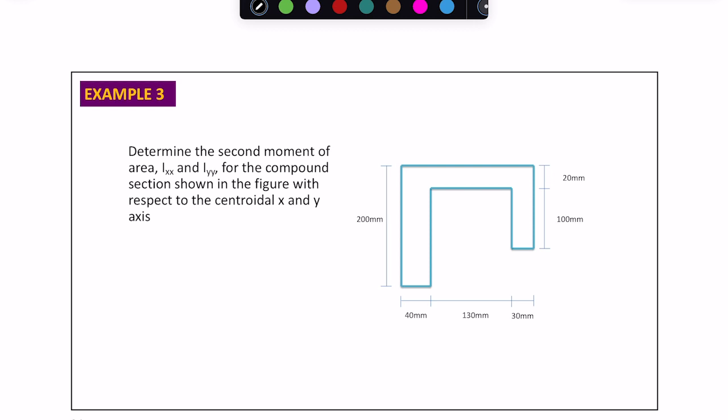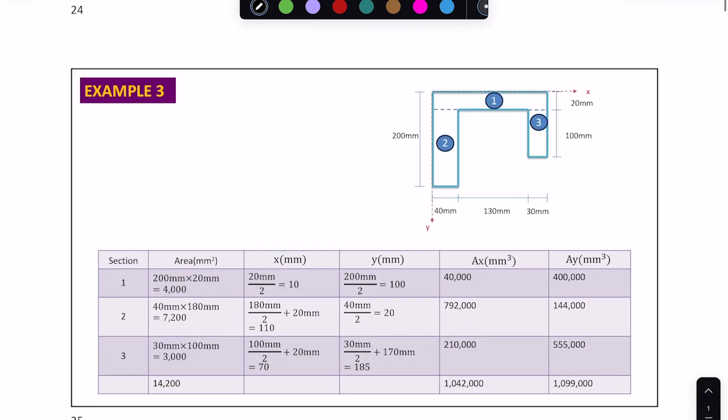In this case, you have to find the center of gravity of this compound section, which means that you have to divide it into a few sections, and in this case I divided it into 3 sections as shown here. You can also divide it like this, no problem.